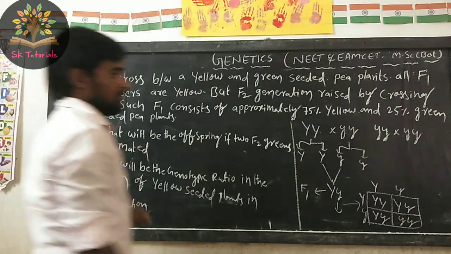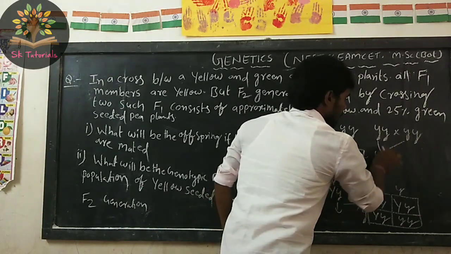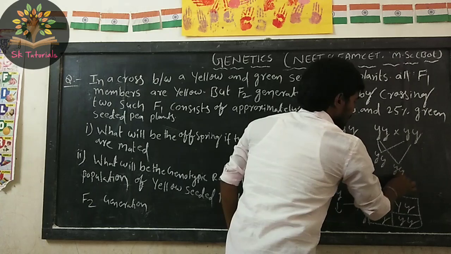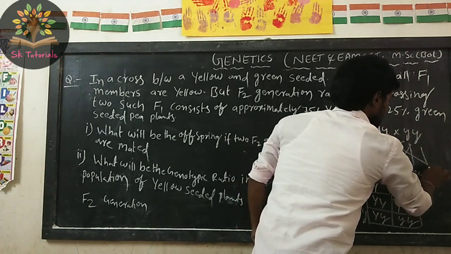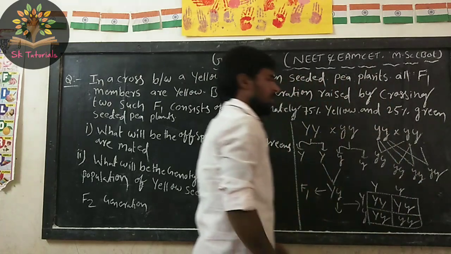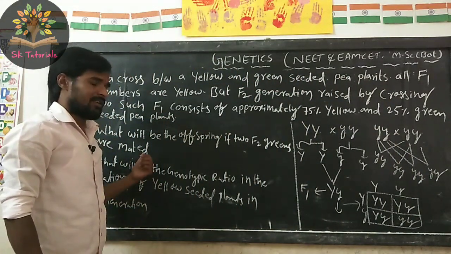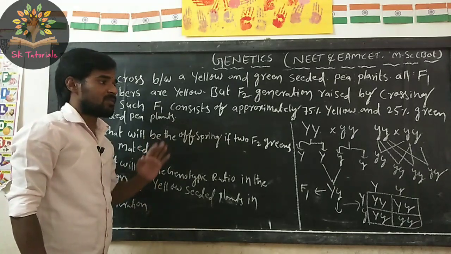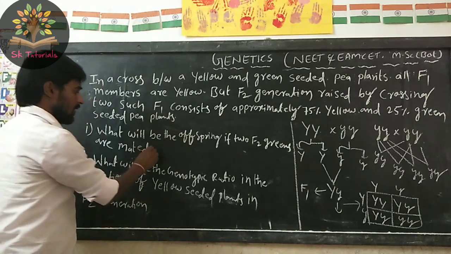What will happen? See, simple. Small y, small y, small y, small y. What happens if 2 F2 greens are mated, meaning crossed? All green plants will be produced. The answer is, what is that?